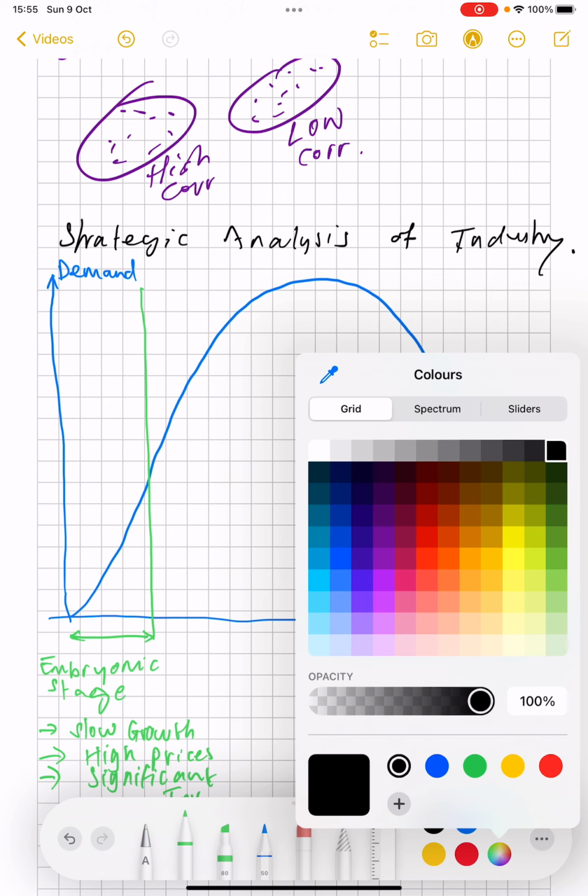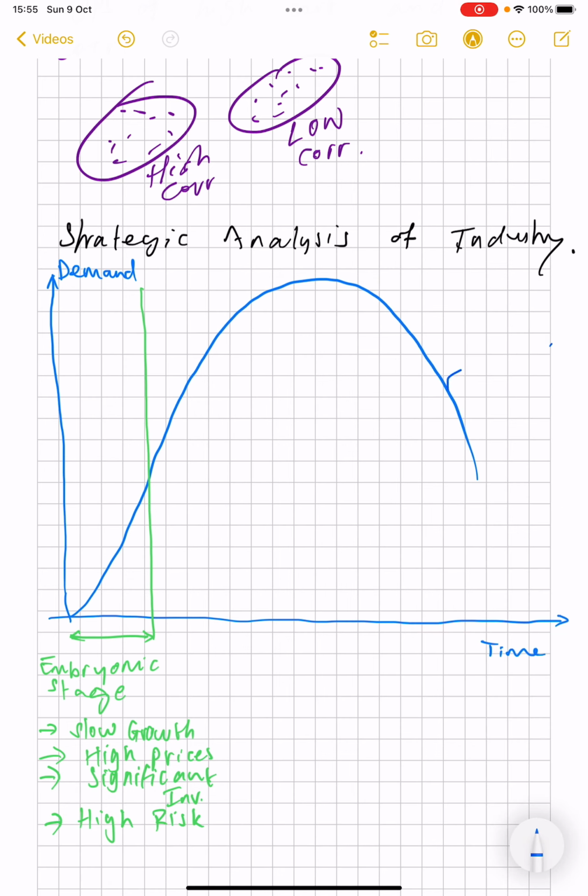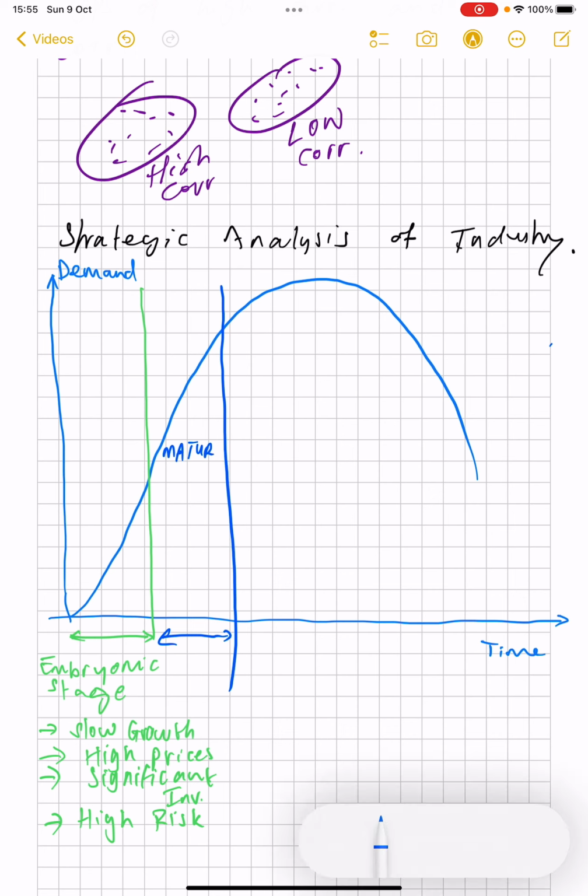Let me put another color, like a lovely blue. This stage here is the mature phase. No, it's the growth phase. Sorry. This is the growth phase.